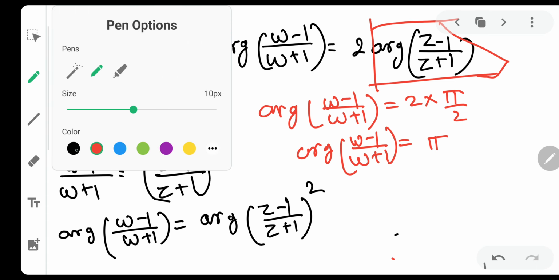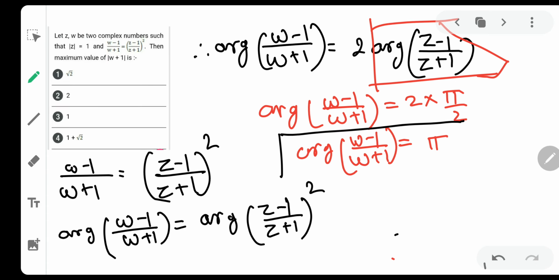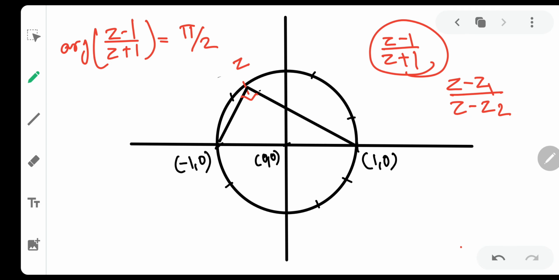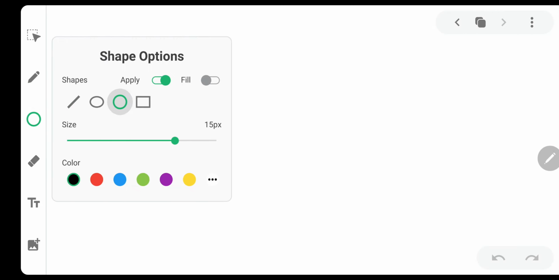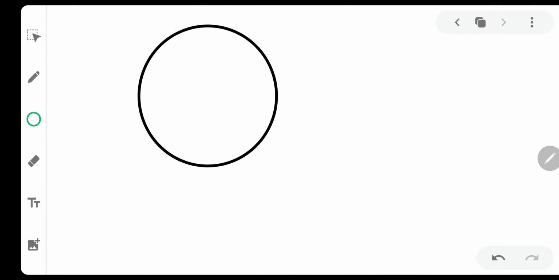Very simple. So let us just box it because this is very important. So what we have actually is (omega − 1)/(omega + 1) is a complex number whose argument is pi. Now, do you remember one complex circular property? I will tell you that circular property. Suppose you have a circle, and this is your center, and there are 2 points over here.